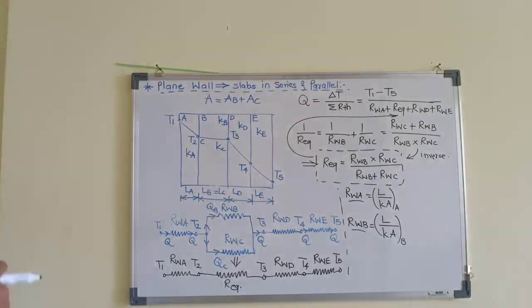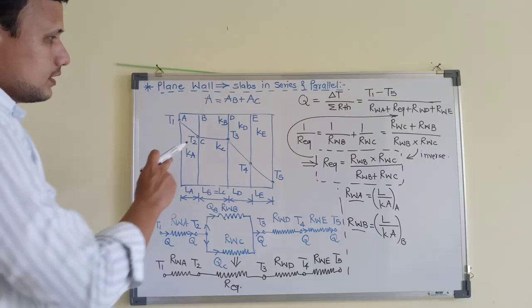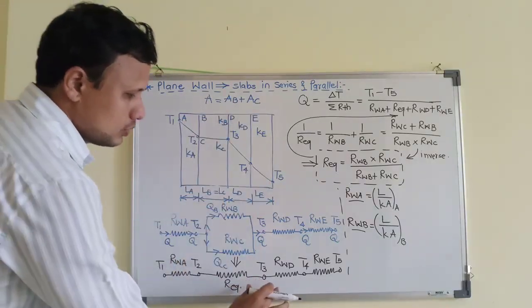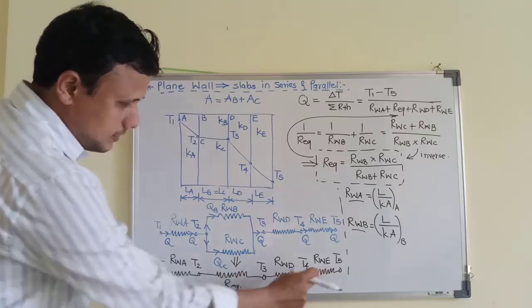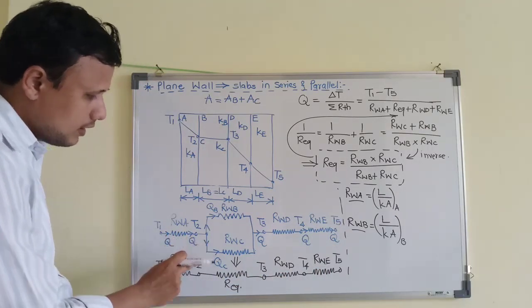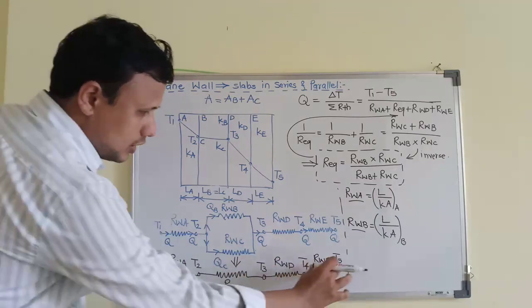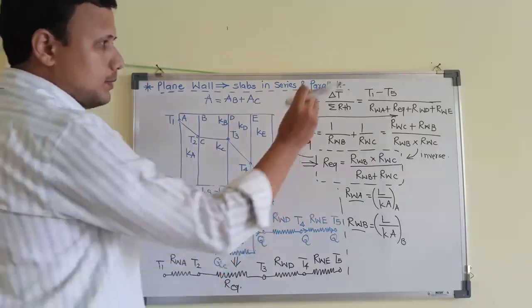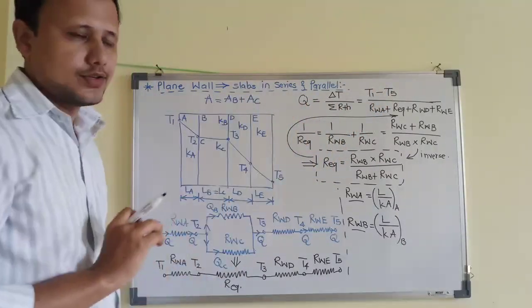In this way, simply by following a step-by-step approach, we have converted such a complicated system into a simplistic system. Now this is a simple series circuit. We have converted the combination of series and parallel into a simple series circuit, because of which, whatever junction we choose now, we can simply put down the resistance, put the potential difference, and finally evaluate the heat transfer rate.